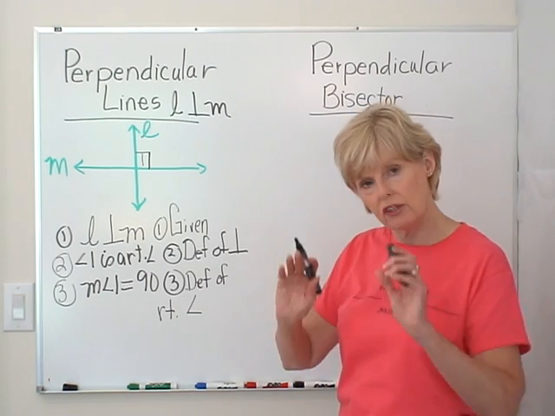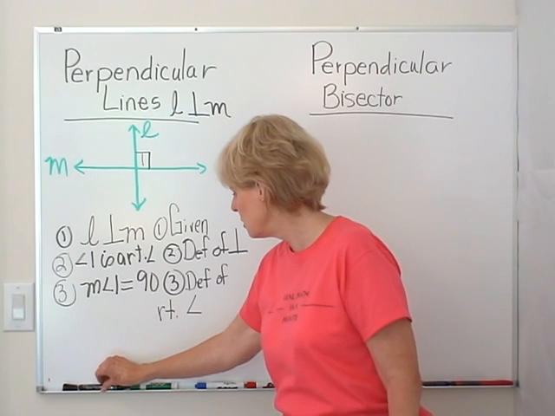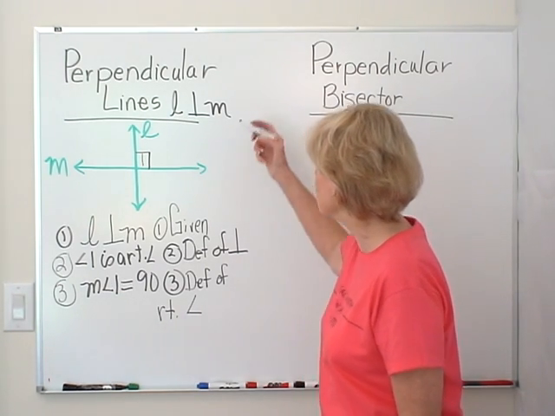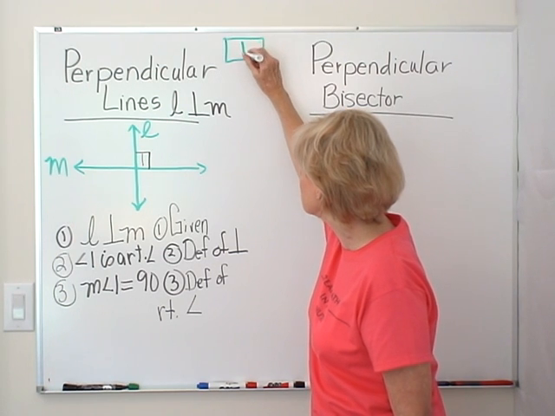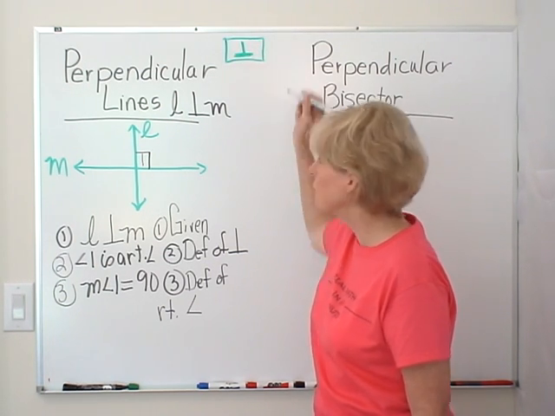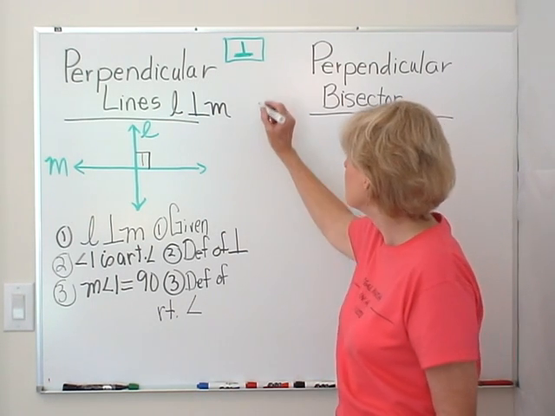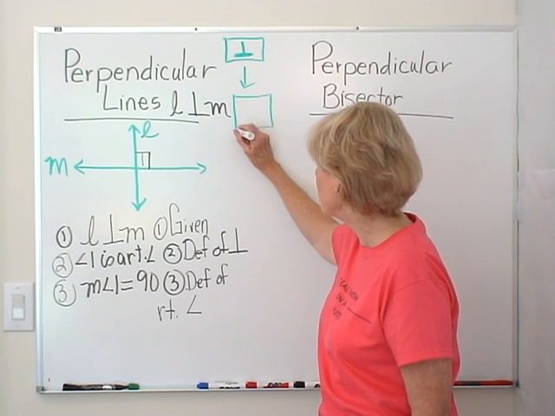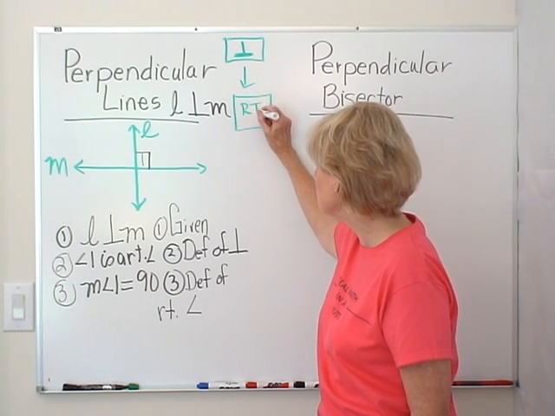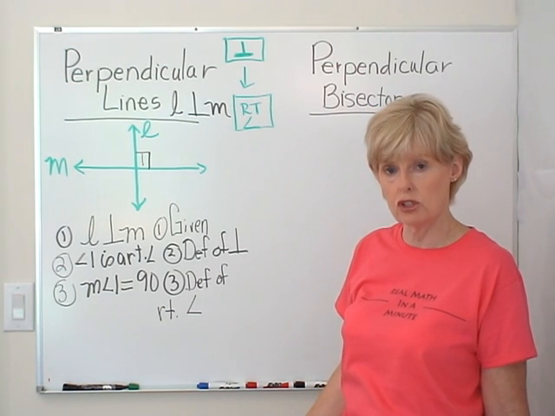So our thinking, if we think of it a little bit as a flow chart, would look like this. Our first step is we have perpendicular lines. What that leads us to is that we have right angles, or a right angle, whatever you need for your situation.